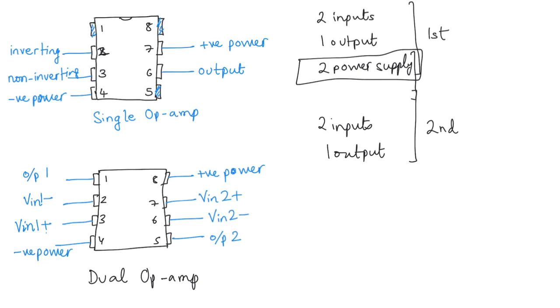Usually quad op amps would have 14 pins, and they would have 4 op amps in the same package. 14 pins, and that is 4 op amps. And the idea basically is just to give us more functionality in less physical space.